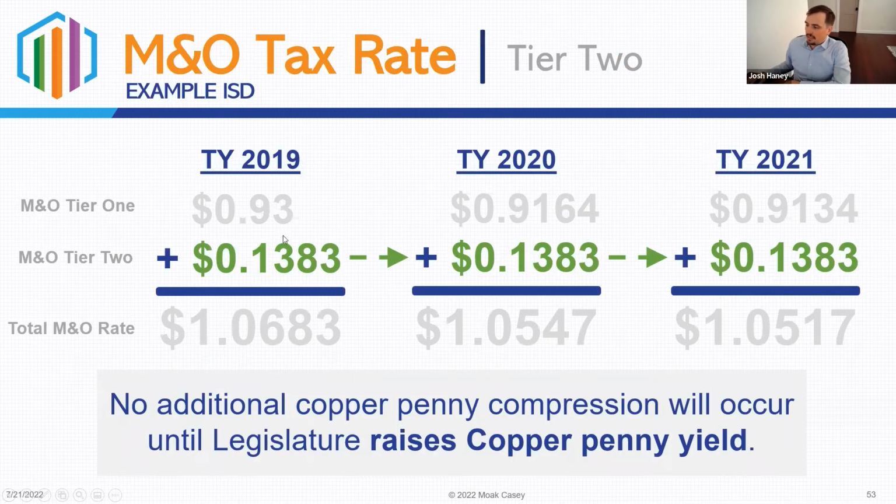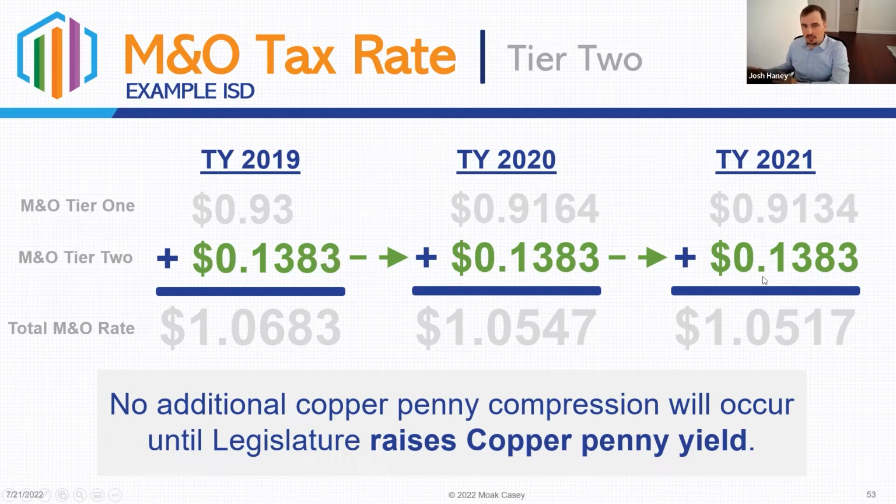And so you can see again, this is the same slide as we had earlier. The legislature has not increased the copper penny yield since the passage of House Bill 3. And so if you had 17 cents before House Bill 3 and you're down at 1383, you haven't done a TRE, you haven't done disaster pennies or anything like that, those number of tier 2 pennies are just going to float on top of your tier 1 rate and remain unchanged.